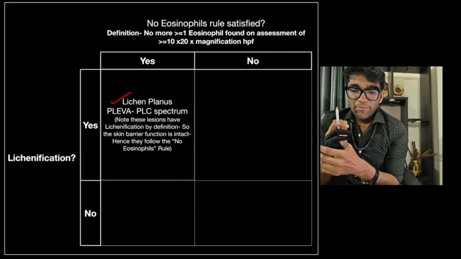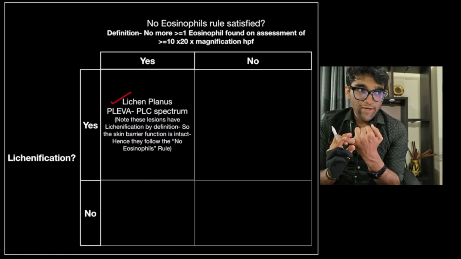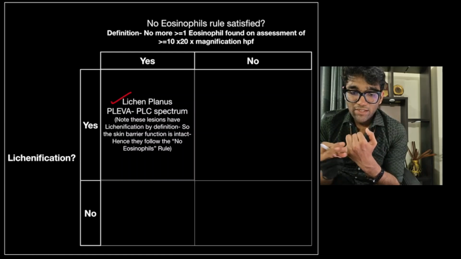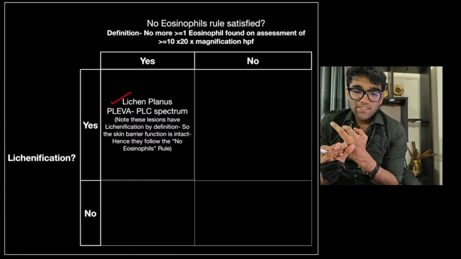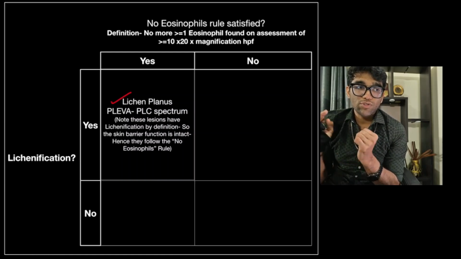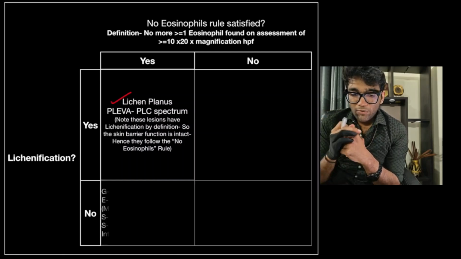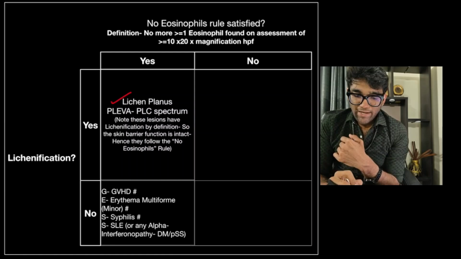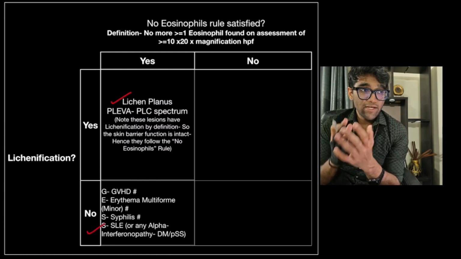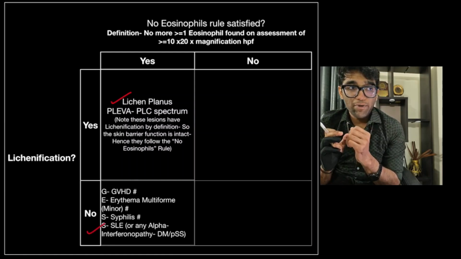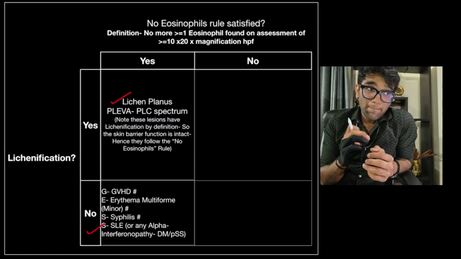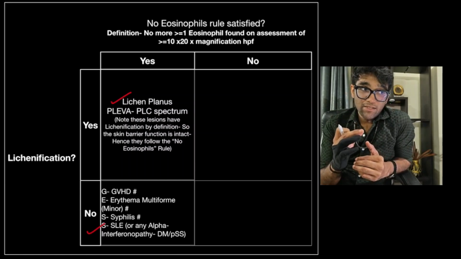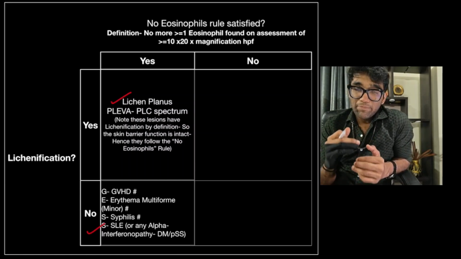Okay, now these lesions are both lichenoid. They both have lichenification by definition. So the skin barrier function is intact, hence they follow the no eosinophils rule. Now on the other hand, you could have disorders such as SLE, where there is interferon production, and that interferon production is what is causing impaired differentiation of the basal epidermal cells.